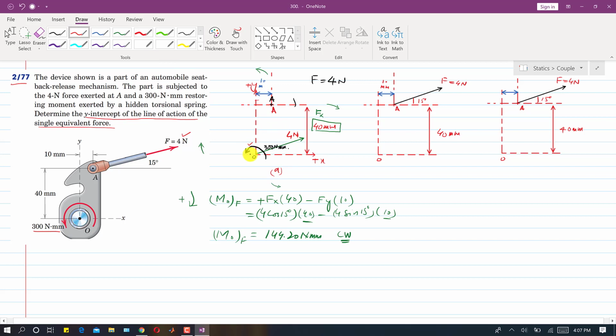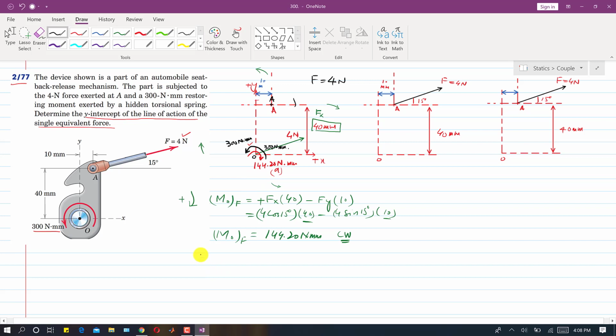And we will be left with another moment, the one we have just calculated. So this red one is 144.20 Newton mm, and this black one is the initial moment at O. So it is 300 Newton mm, right?